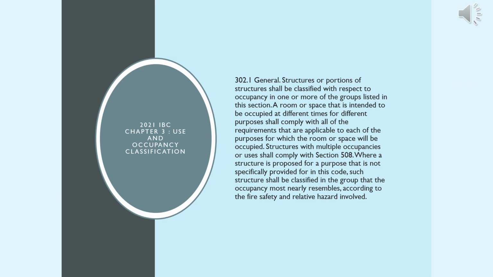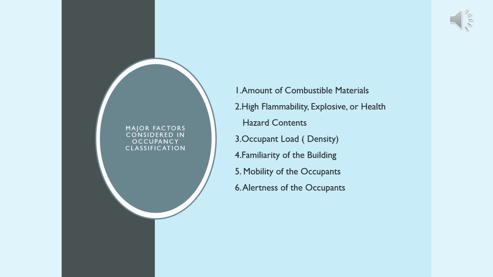So we'll go to the IBC Chapter 3, Use and Occupancy Classifications. This is the first thing we got to determine, our use and occupancy of the structure. Some major factors in determining the use and occupancy is going to be the amount of combustible materials, high flammability, explosive, or health hazard contents, the occupant load density, how familiar someone is with the building, the mobility of the occupants, and the alertness of the occupants.